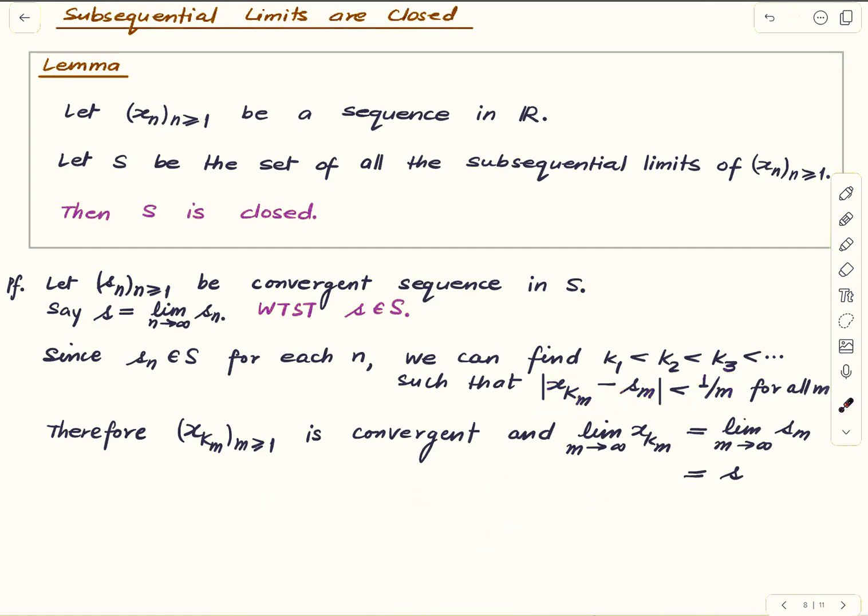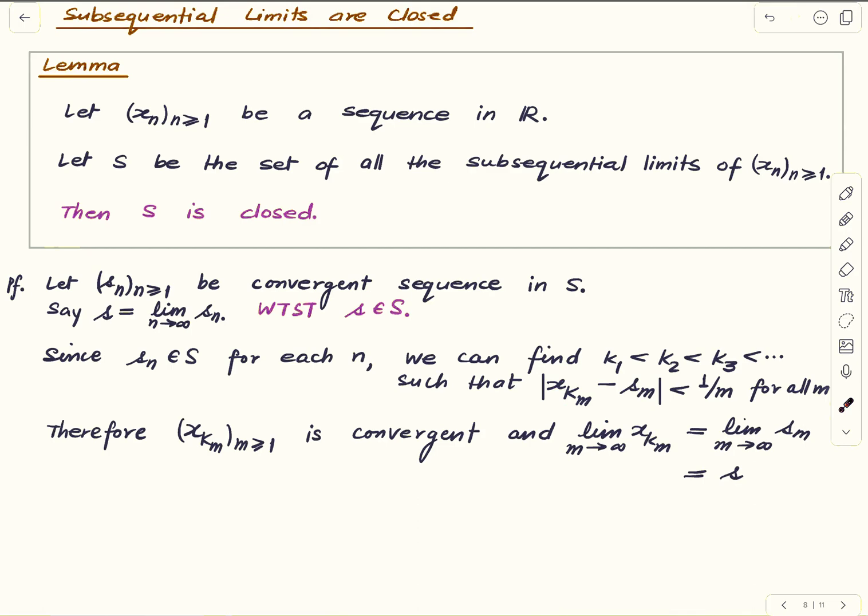So this is just a triangle inequality argument, but the colloquial way of saying it is just this. Sm is coming closer and closer to s, and this is coming closer and closer to Sm. So these two are also coming closer and closer, and therefore this one converges to s. But again, write down a formal proof if you're just a beginner with these arguments.